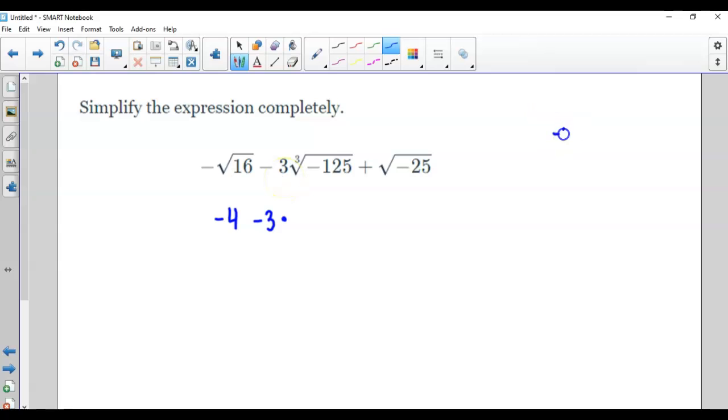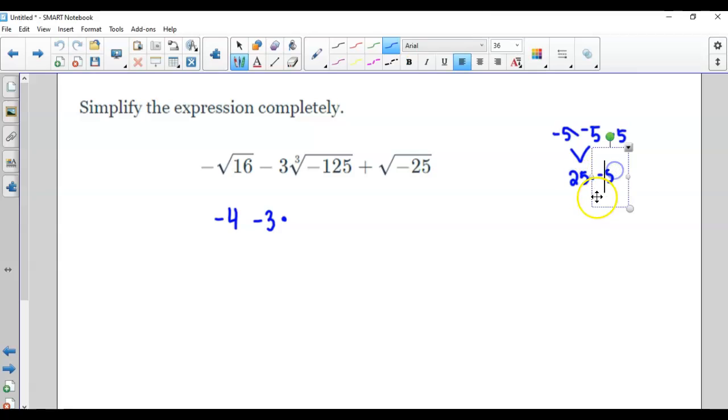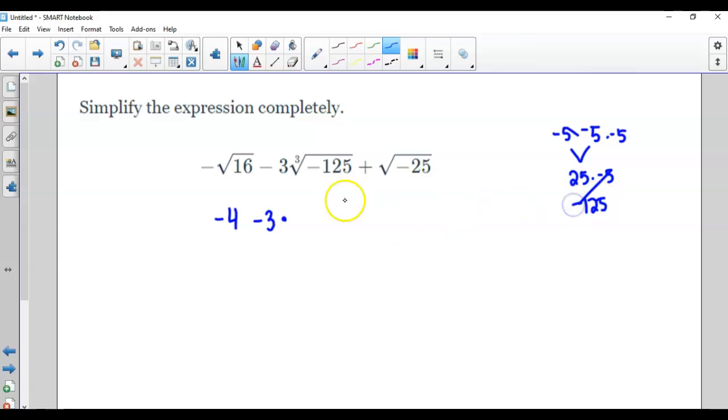And negative 5 times negative 5 times negative 5 is going to be 25 times negative 5, which of course is negative 125 there. So the cube root of negative 125 is negative 5.